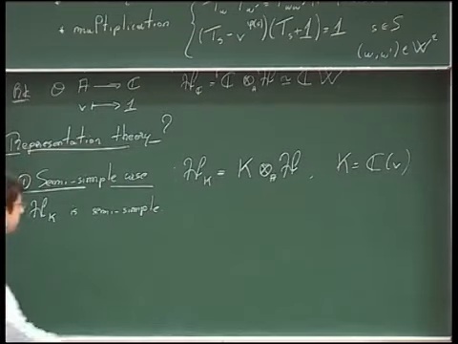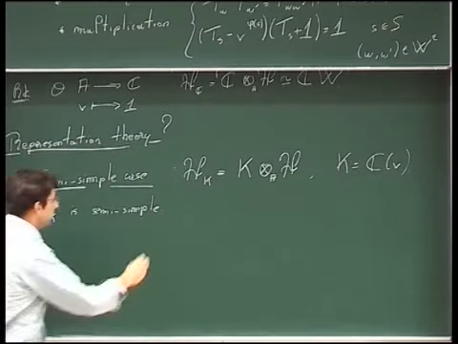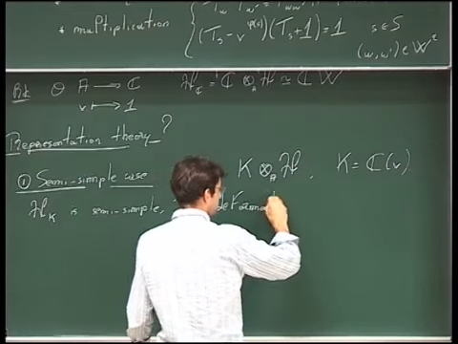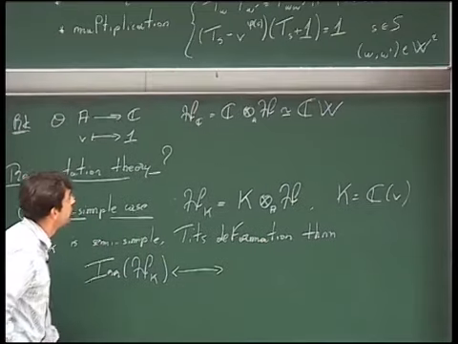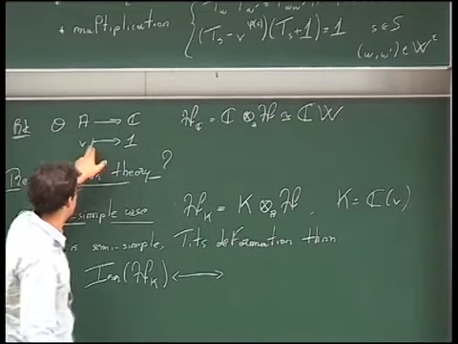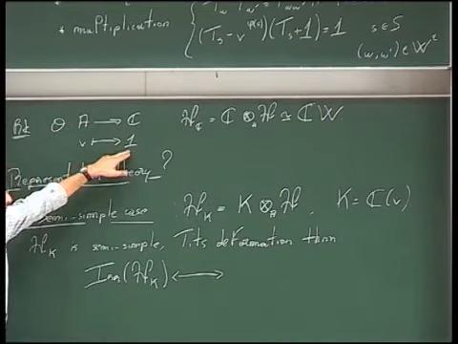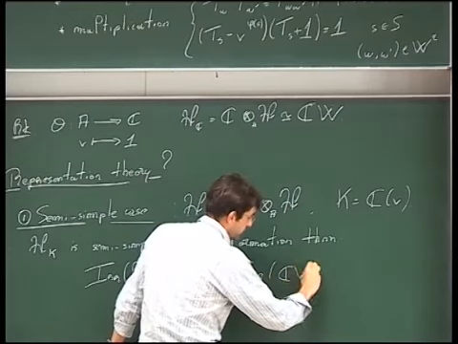And there is a theorem, which is the Tits deformation theorem, which says that the simple modules of the Hecke algebra over K are in bijection with the simple modules of the Hecke algebra specialized when V is specialized to 1, so isomorphic with the simple modules of the Lie group.